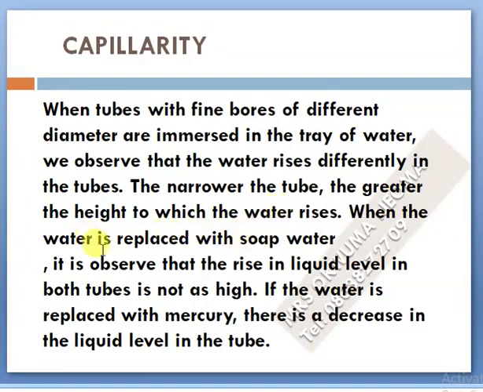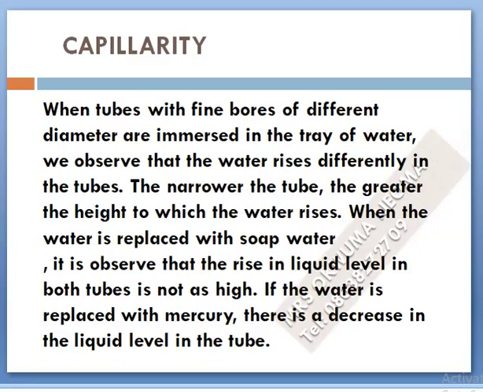Now, if the water is replaced with soap water, you observe that the rise in the liquid level in both tubes is not as high as when it was in water. Now, if that water is replaced with mercury, there will be a decrease in the level of the liquid in that tube. What do we mean?